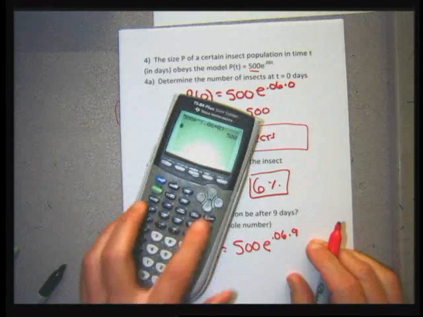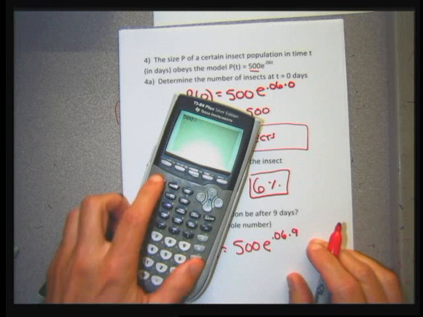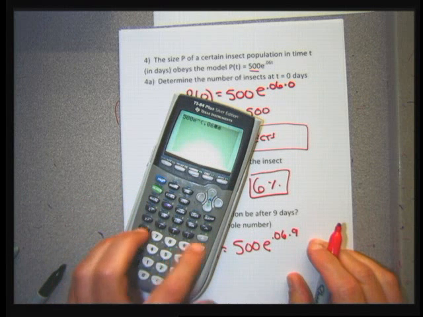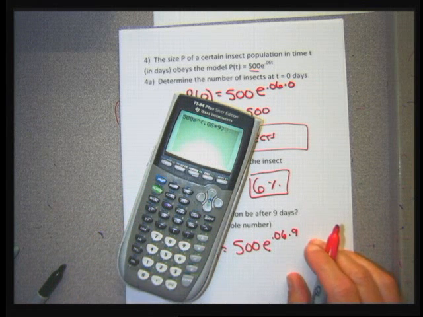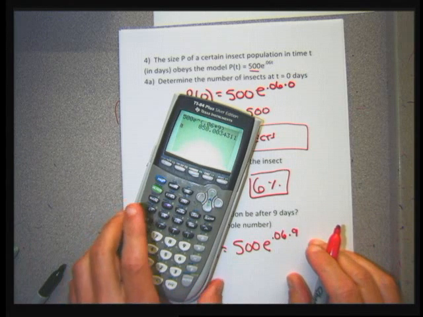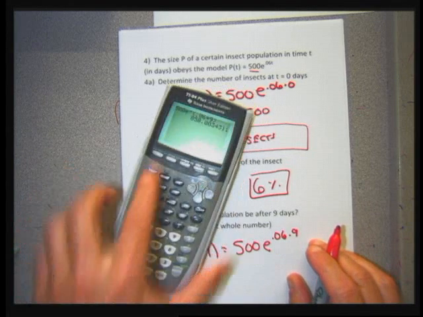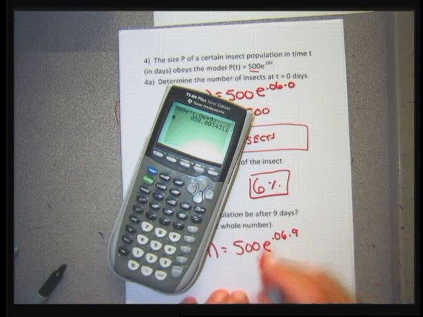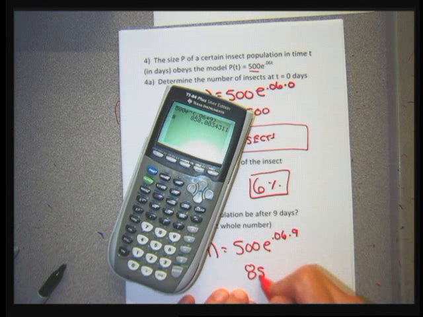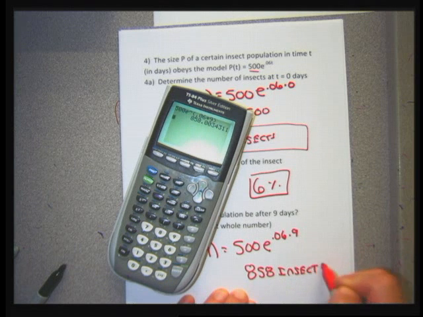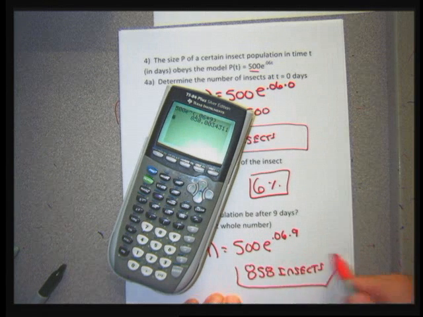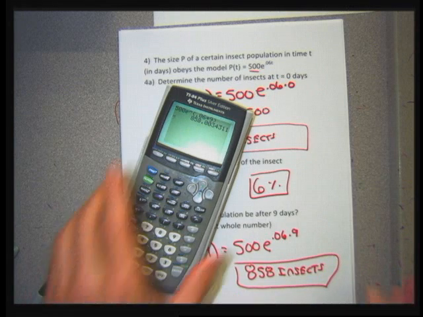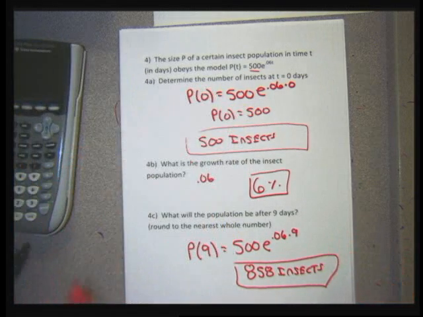So again, I pull this out, 500 second ln 0.06 times 9, close out my parentheses, and I'm going to round to the nearest whole number because you can't have a fractional insect. So I'm going to say 858 of these bugs, whatever they are, and that's going to be the population. So they're going from 500 of them to 858 of them in 9 days, according to this formula.